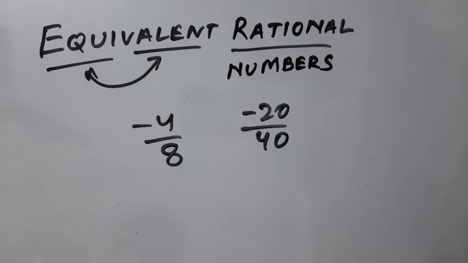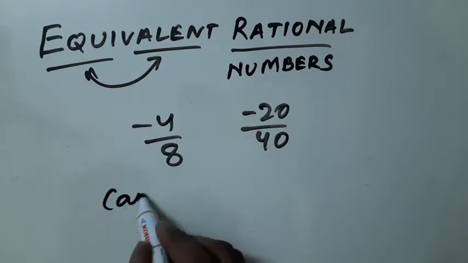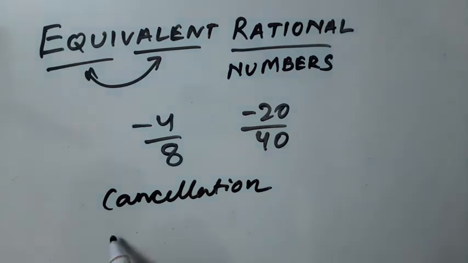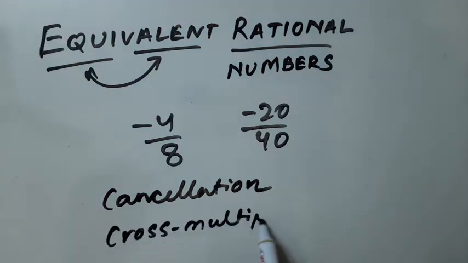For that, we will use various methods: we can use the cancellation method, or we can use the cross multiplication method. So let's see what the methods are.